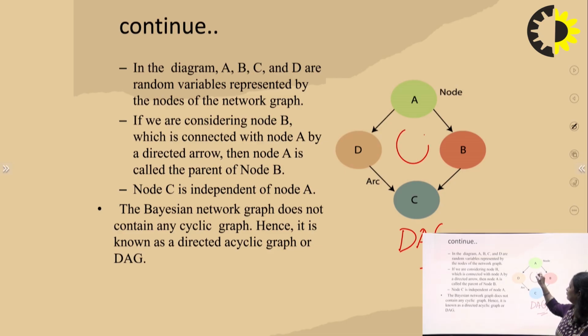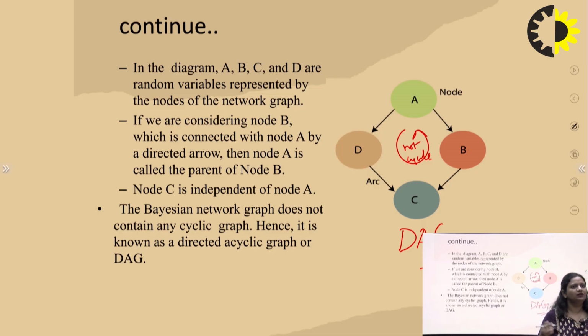Because it does not form a cycle. If there were a cycle in this graph, it couldn't be a directed acyclic graph. Since there is no cycle, yes, it is a directed acyclic graph and it also satisfies the property of a Bayesian network. So in the diagram, A, B, C, D are the random variables represented by the nodes in the graph.